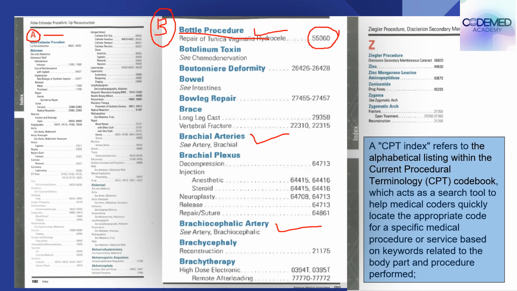Sometimes in front of that particular procedure there is a range of codes. This is called a range of codes because it says 27455 to 27457, and sometimes in front of the code you can see multiple codes. For example, brachial plexus, anesthetic, and in front of that there are multiple codes written.